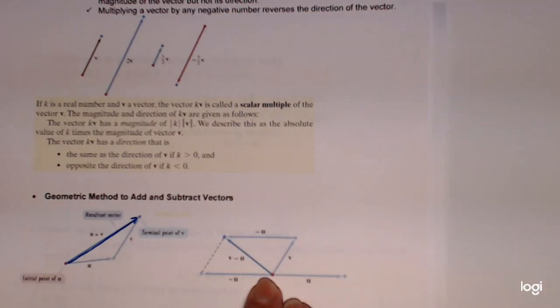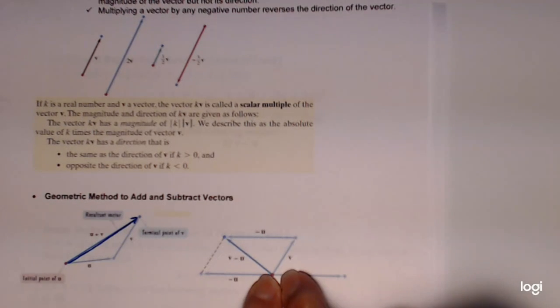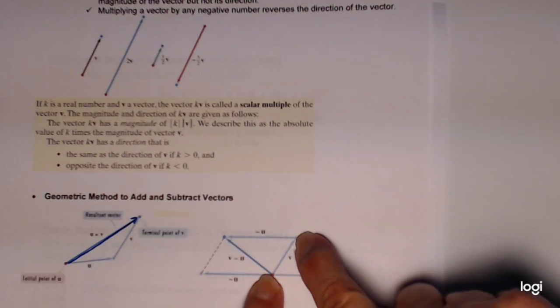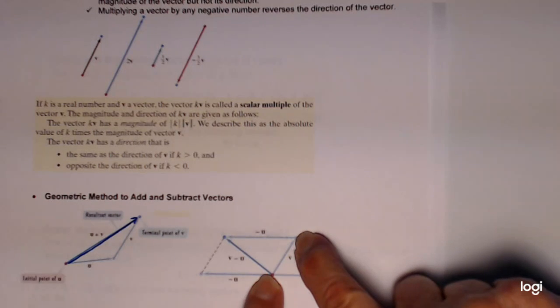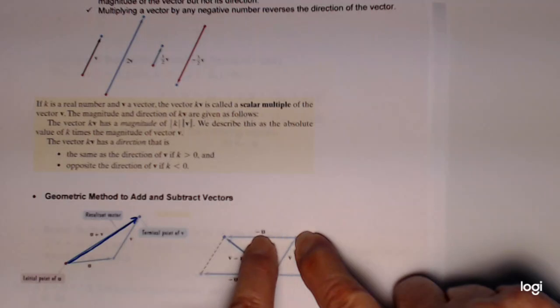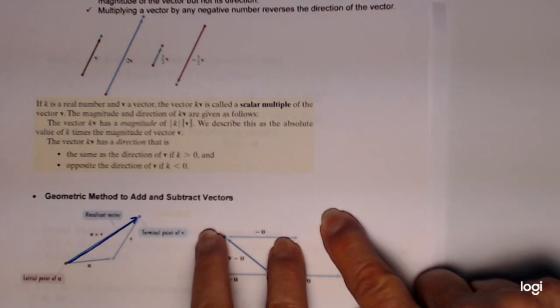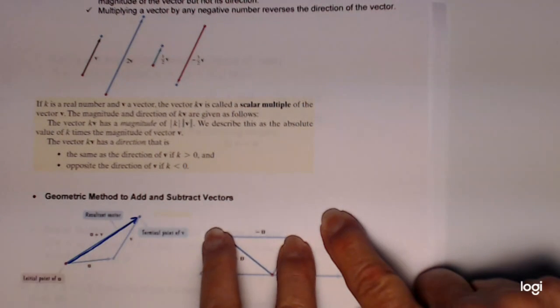So for this v minus u, here we have our vector v, and now at the terminal point of our vector v, we're going to go length u, but in the opposite direction. So we're taking this vector here, this minus u, and we're putting it up here.